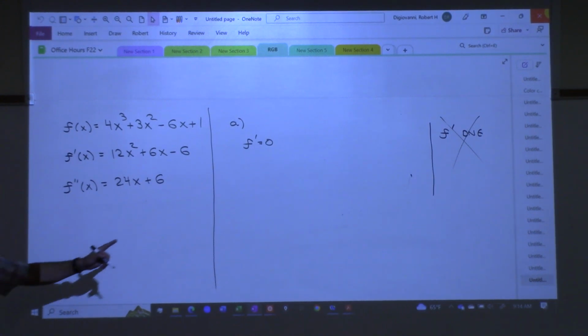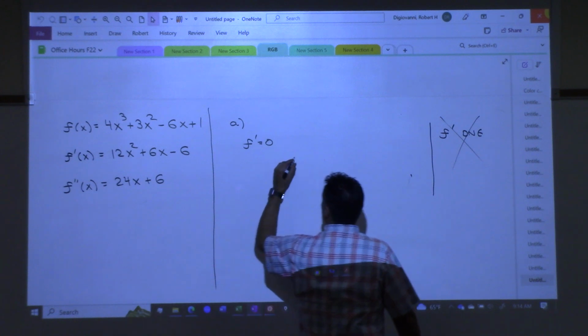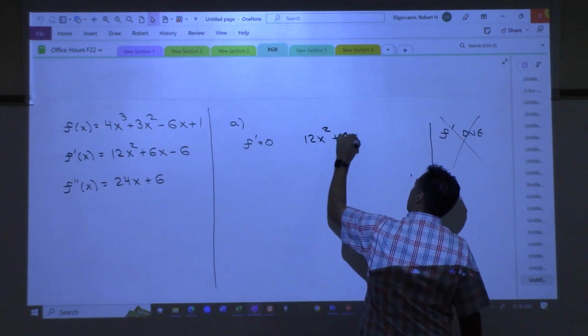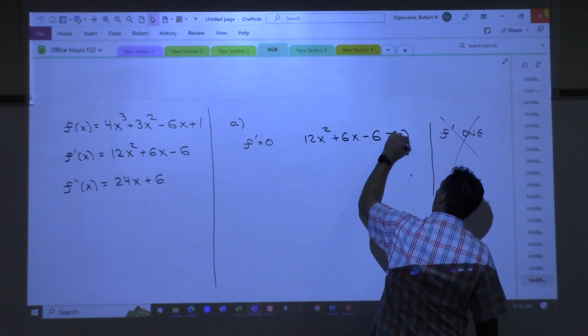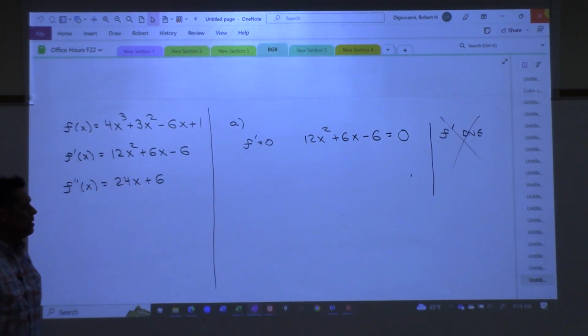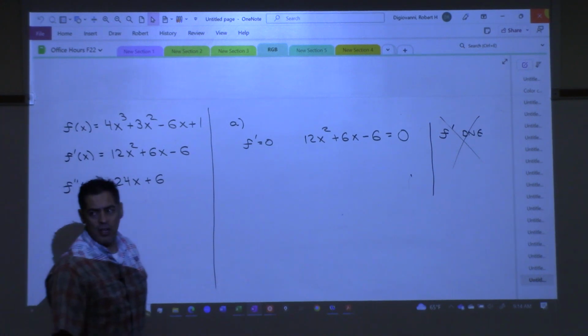But I can figure out where it's equal to 0. And to do that, I take the quadratic function and I set it equal to 0. And hey, now you're back in college algebra. That's quadratic. Let's try and factor it. Can we get a GCF? Just 6 comes out.